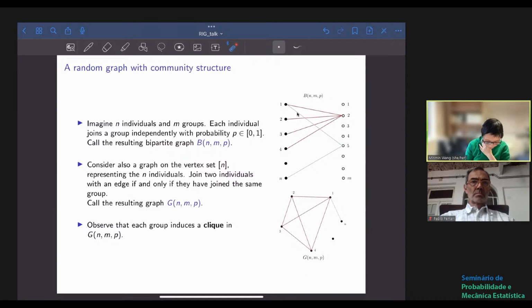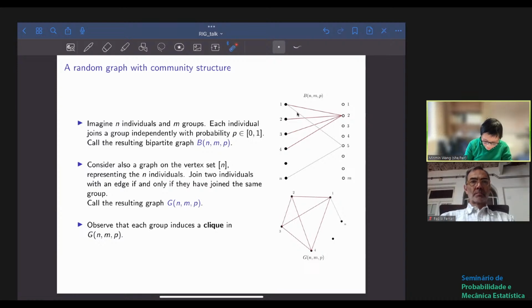Given such a graph, now I'm going to build my random intersection graph as a function of the bipartite graph. The random intersection graph only has n vertices, which represent the n individuals in the previous construction. I'm going to join two individuals with an edge if and only if they have joined the same group in the previous construction.